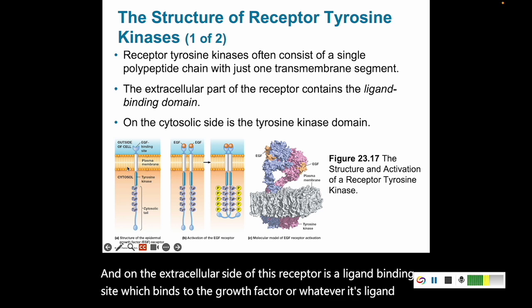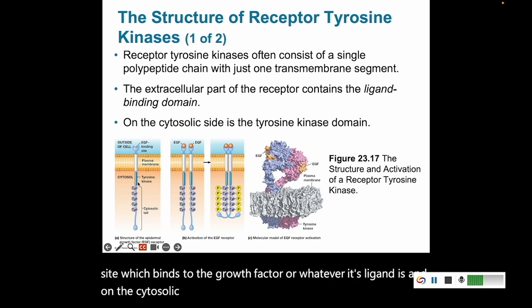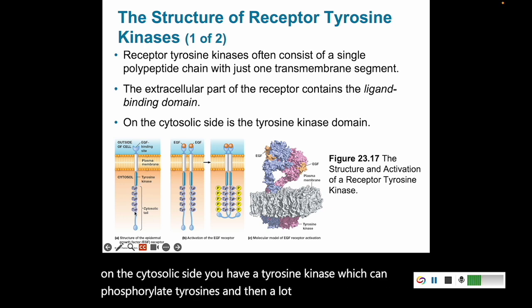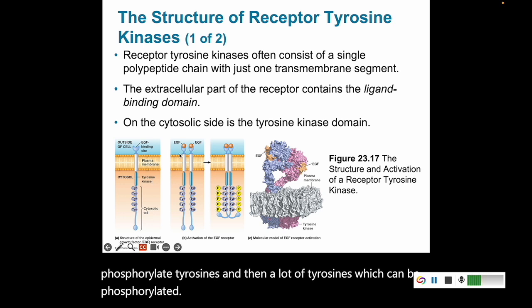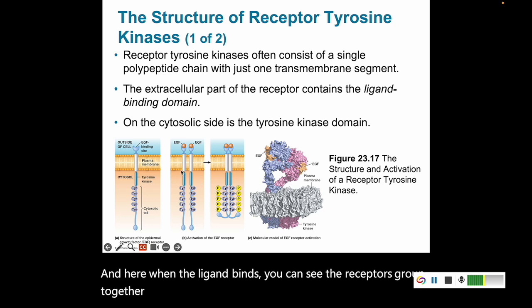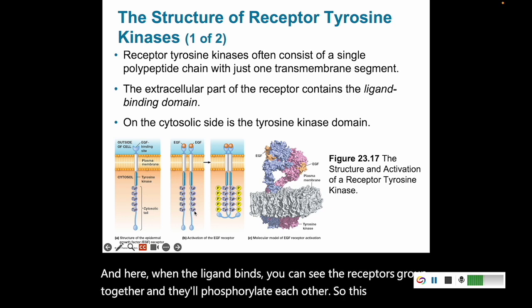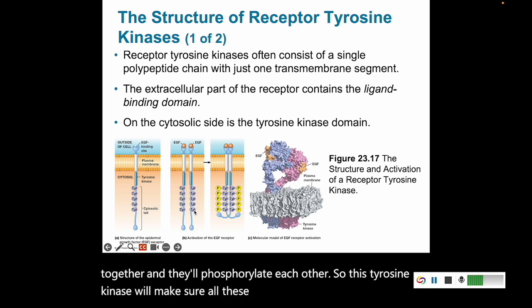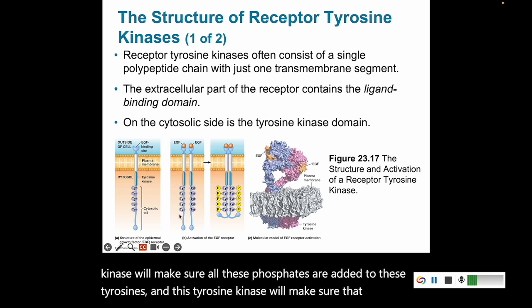And on the cytosolic side, you have a tyrosine kinase, which can phosphorylate tyrosines, and then a lot of tyrosines, which can be phosphorylated. And here, when the ligand binds, you can see the receptors group together and they'll phosphorylate each other. So this tyrosine kinase will make sure all these phosphates are added to these tyrosines, and this tyrosine kinase will make sure that phosphates are added to these tyrosines.